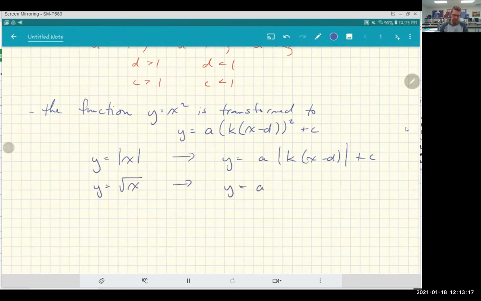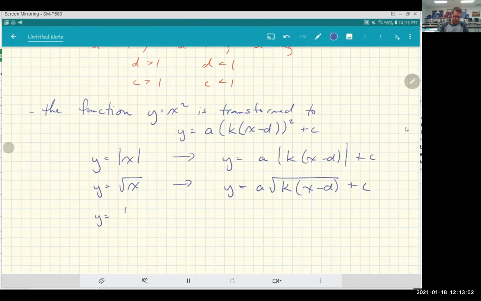Make sure your square root specifically includes the k and the x and the d. You'll notice that in all these functions, the k and the d are always going to be in with the x in the functional part of the function. The a is always going to be a multiplier or a coefficient out in front of the function, and the c is always going to be added on to the function.